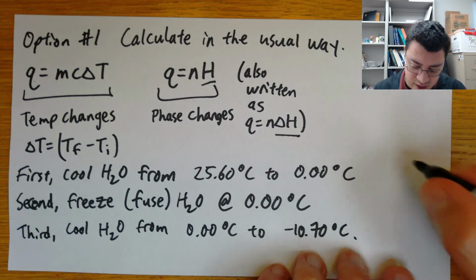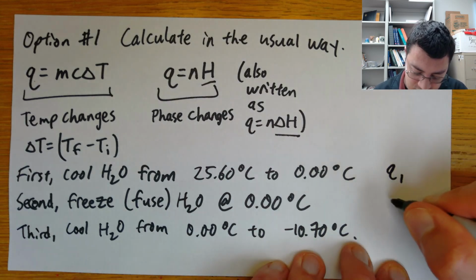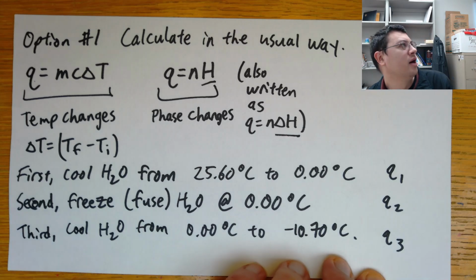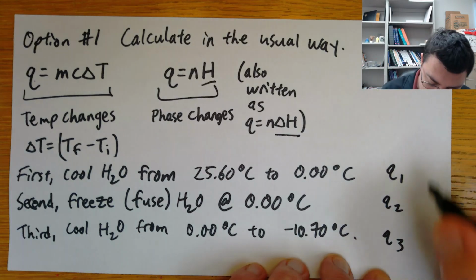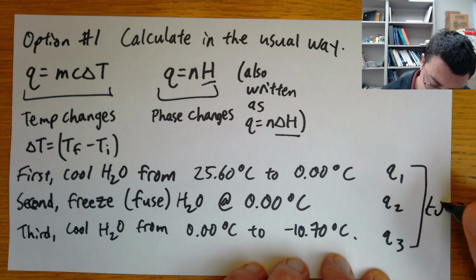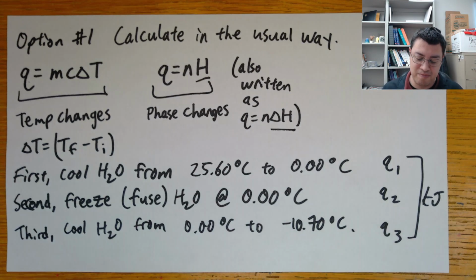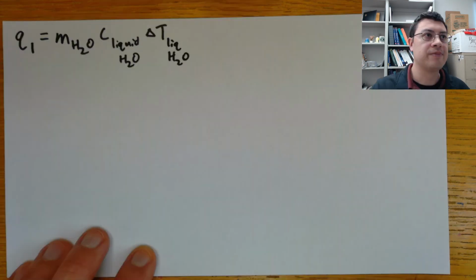Okay, so we're going to calculate these Q1, Q2, Q3, and then add them up. They want it all in kilojoules. So if the answer doesn't automatically come out in kilojoules, you're going to see me manually do that conversion. All right, so let's do these one by one.